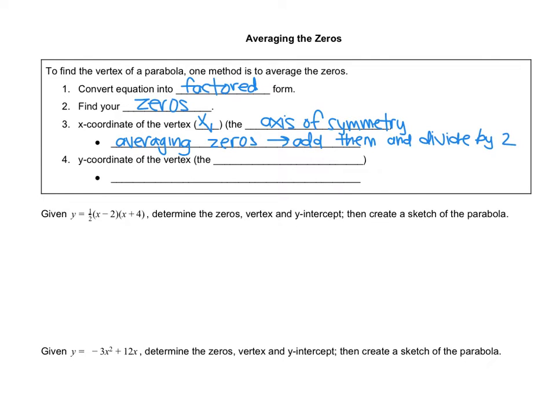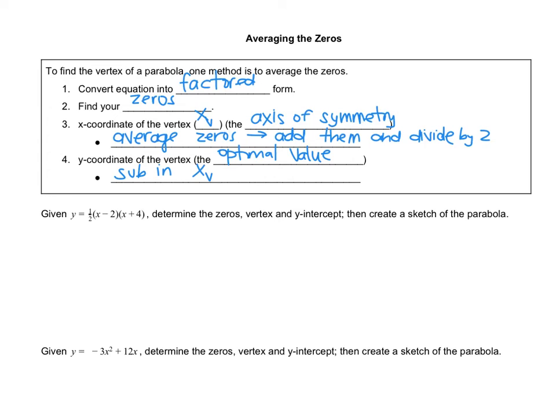Once you have that xv, we can find the y-coordinate of the vertex, and the y-coordinate represents the optimal value. We find this by subbing xv into your equation, and when you simplify that, you'll get the y-coordinate, because an equation is a machine where you input your x and it spits out the y.